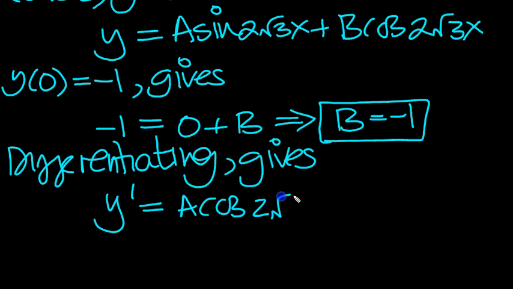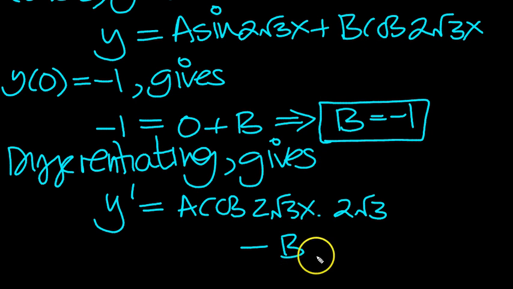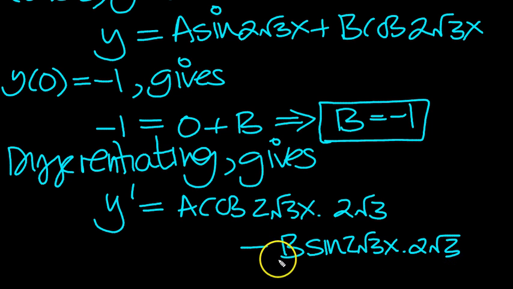Cos of something, 2 root 3x, multiplied by the something differentiated. That differentiates to 2 root 3, doesn't it? Now the second, the cos goes to minus sine, so put a minus there at the front. Then it's sine of the something, multiplied by the something differentiated. So again, 2 root 3 will come out onto it.